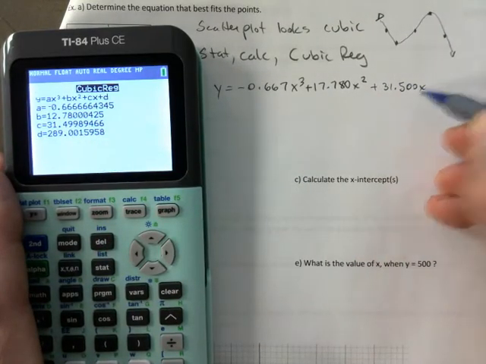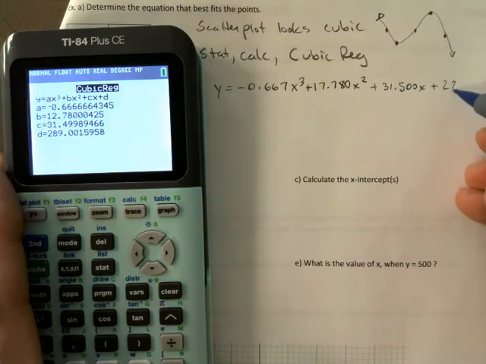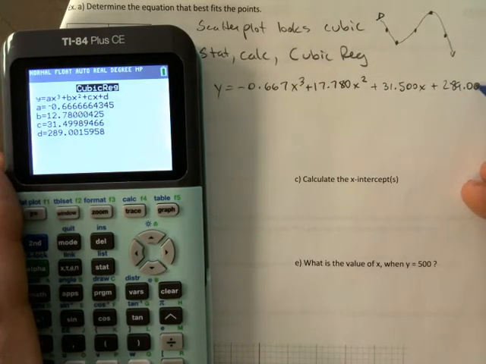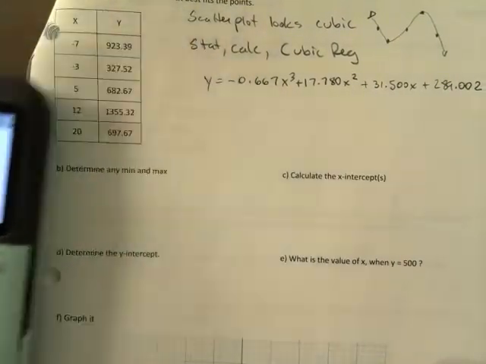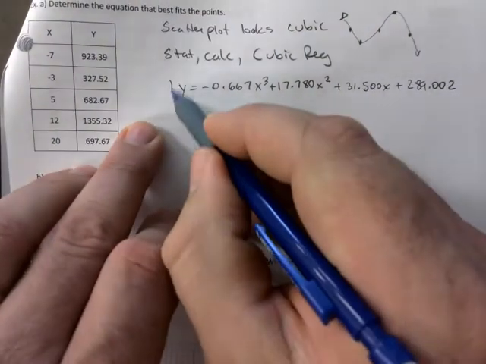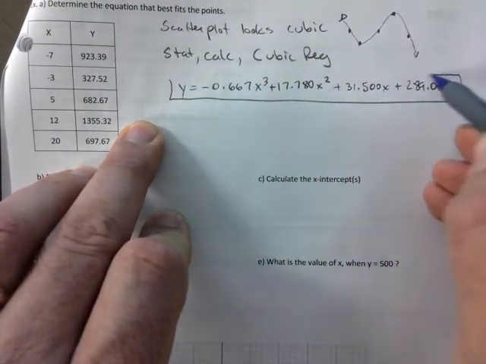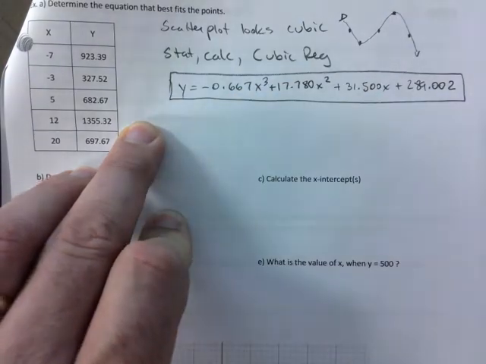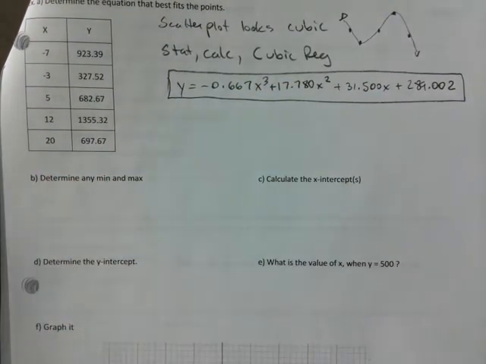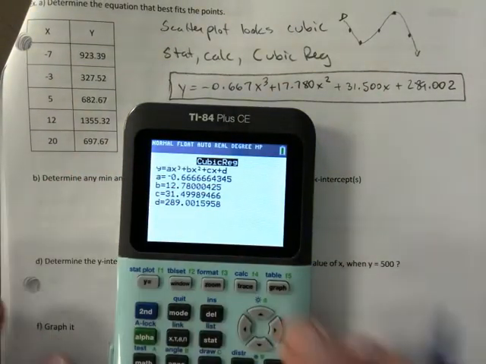So I'll do one of these, right? Plus 289.002. So on paper, this is what I write down, but really you're using all decimals. Okay. Let's just graph it.